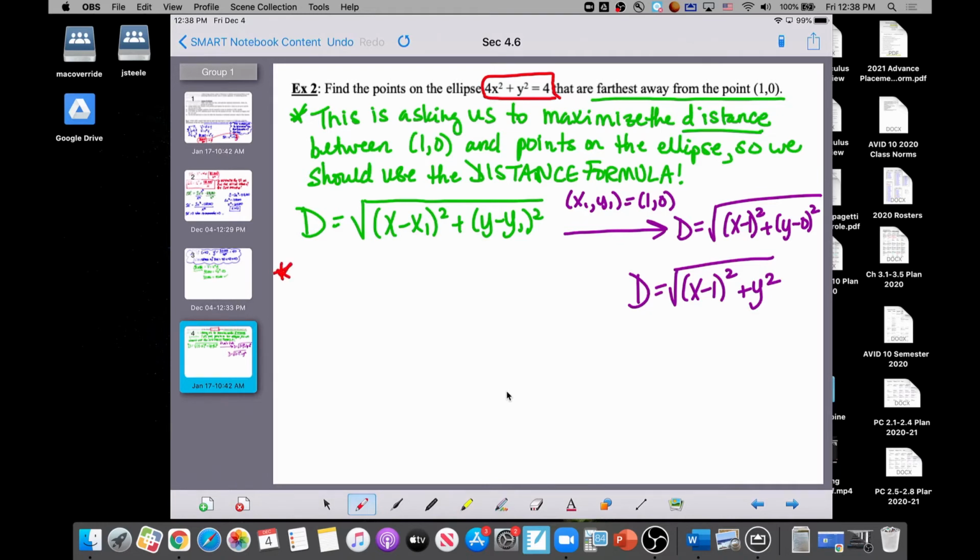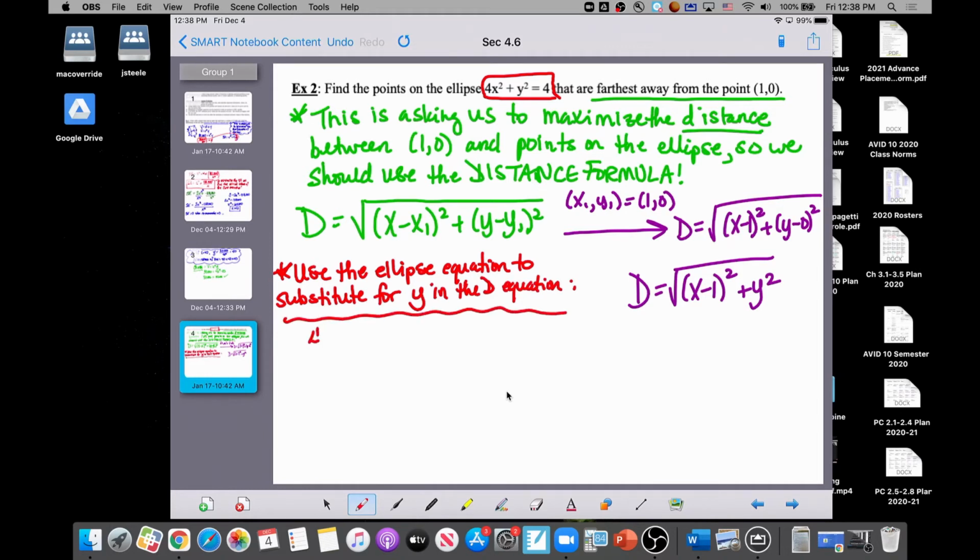So right now we are going to use the ellipse equation to substitute for y in the D equation.